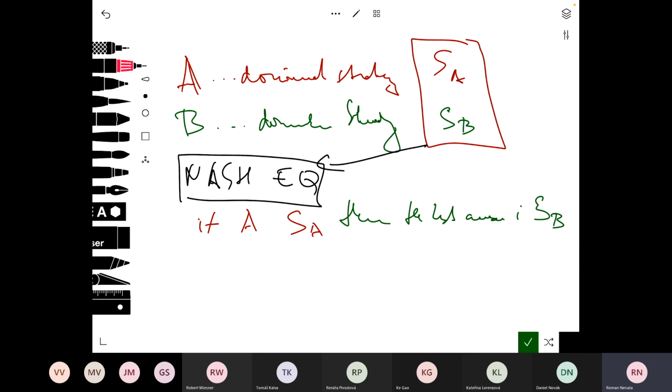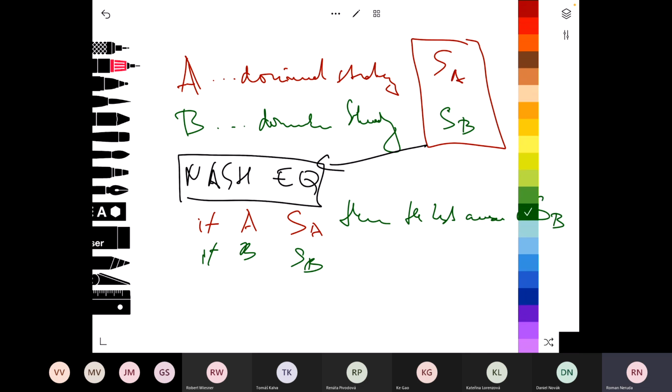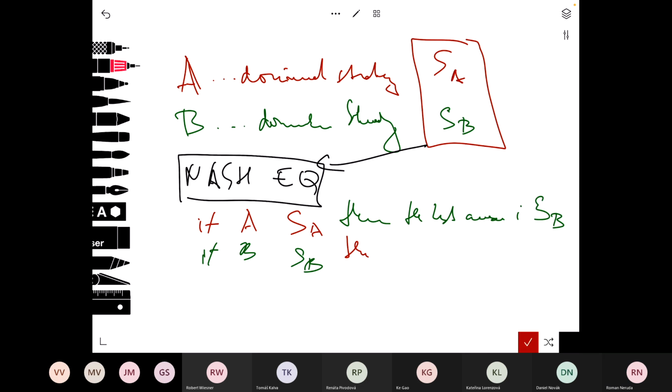And vice versa. If B plays sB, then the best answer is sA, right? So the two strategies are the best answer to each other, right?